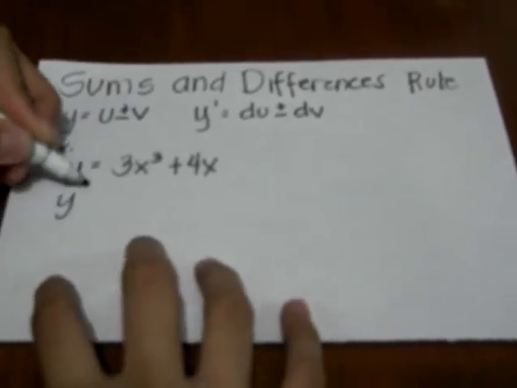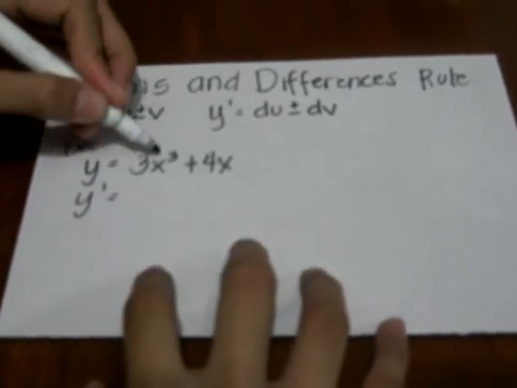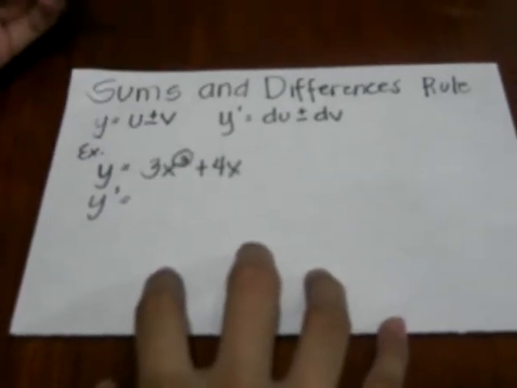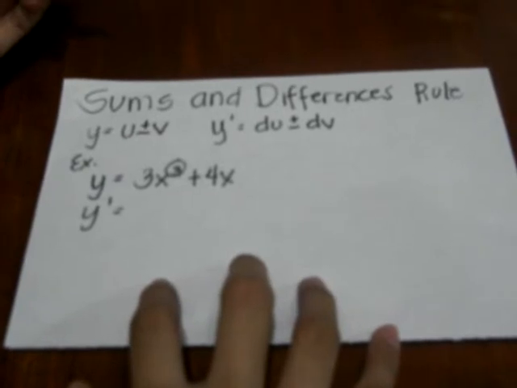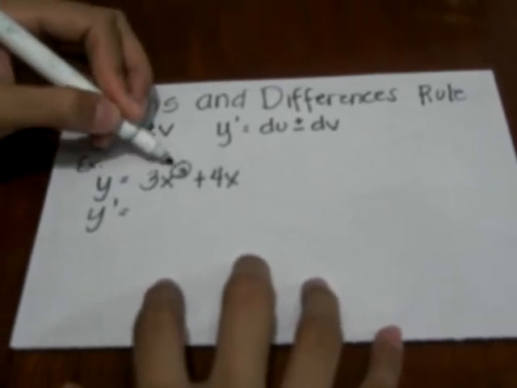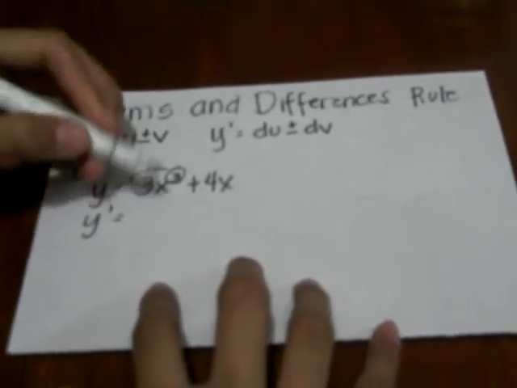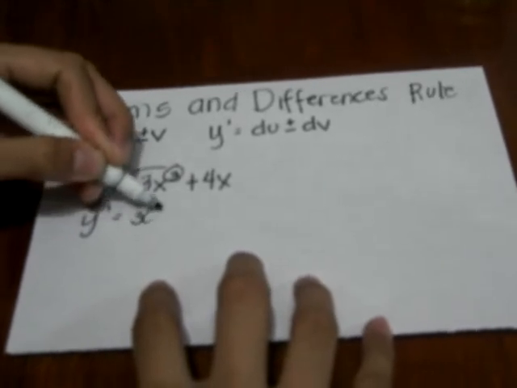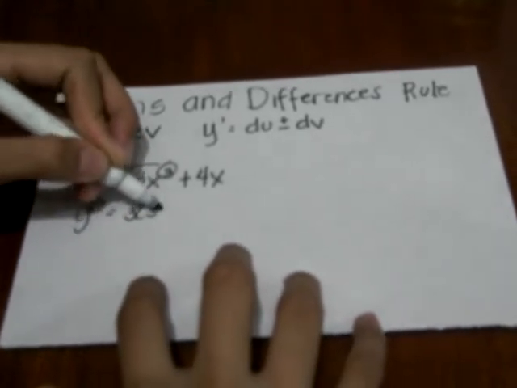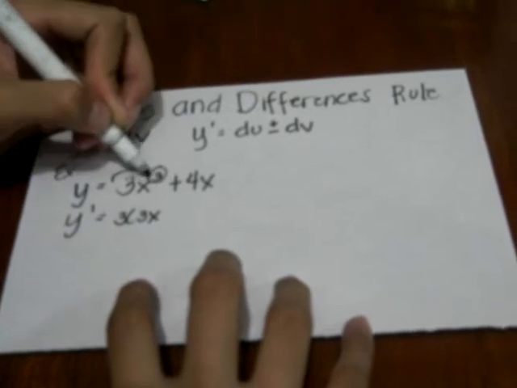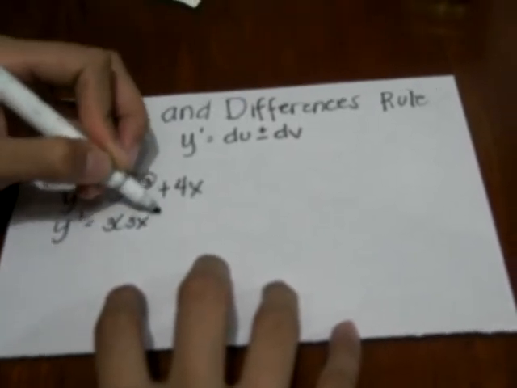In finding its derivative, we will apply the power rule. So we will multiply it by 3. So 3 times 3x, then 3 minus 1, so 2.